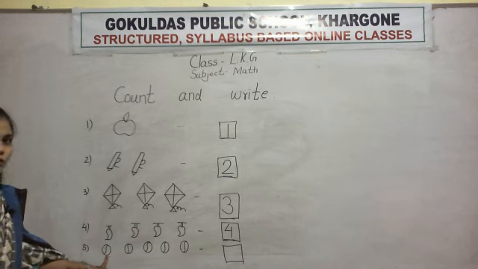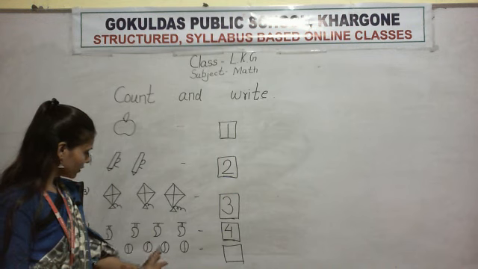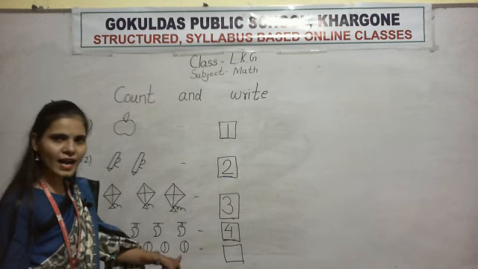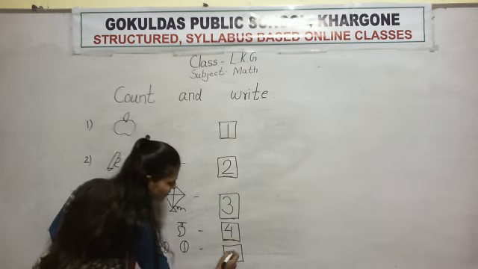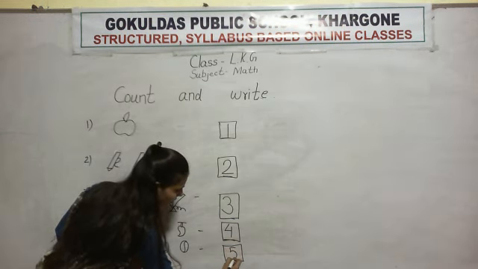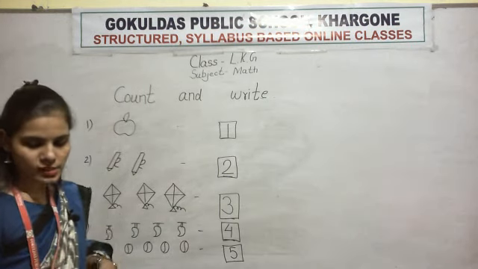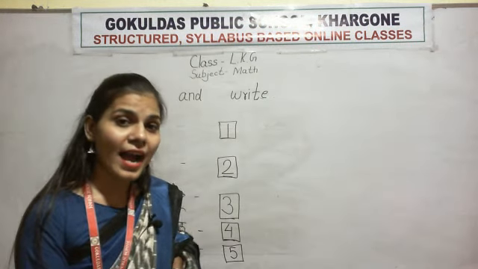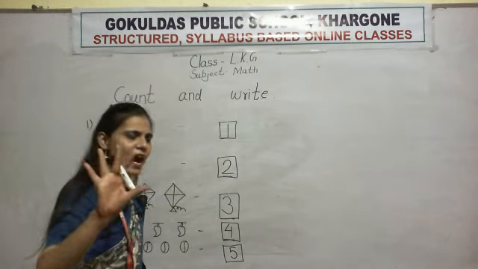Finger on your notebook. 1, 2, 3, 4, 5. So how many balls are there? 5 balls. So here we write number 5. Okay. So there are 5 balls. You tell me, ma'am, there are 5 balls. So here we write number 5.